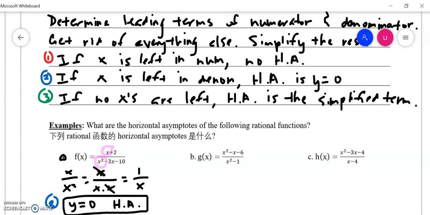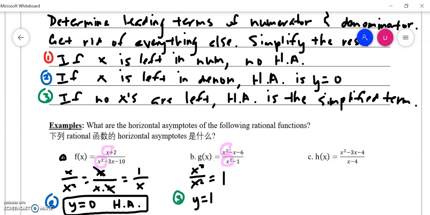All right, let's look at another example. So B, we've got our leading term of x squared and another leading term of x squared. We just take these two, x squared over x squared. If you have something over itself, this is equal to 1. We don't have any x's left. Which situation is this? It's situation number 3. No x's left, the horizontal asymptote is the simplified term, which is 1.